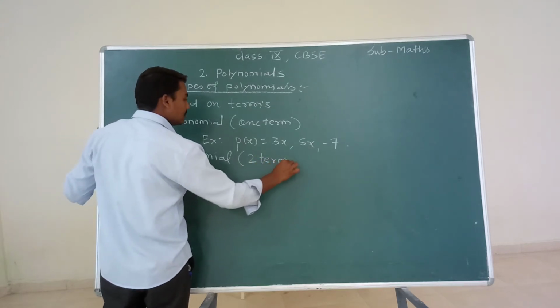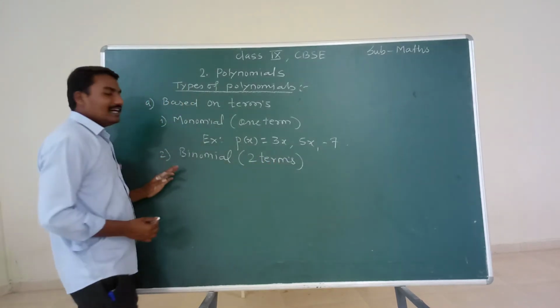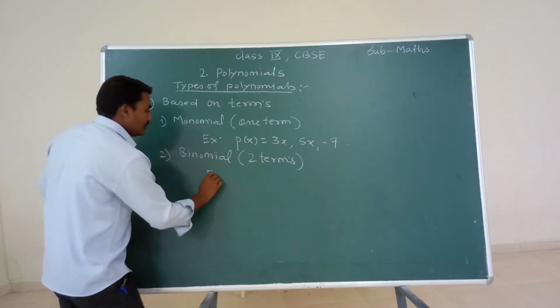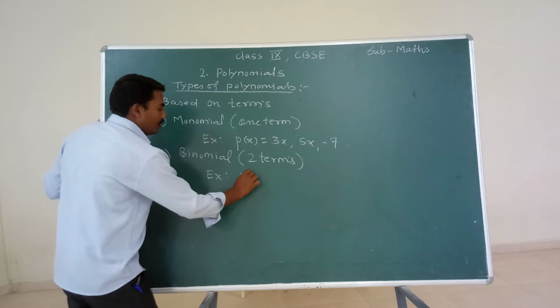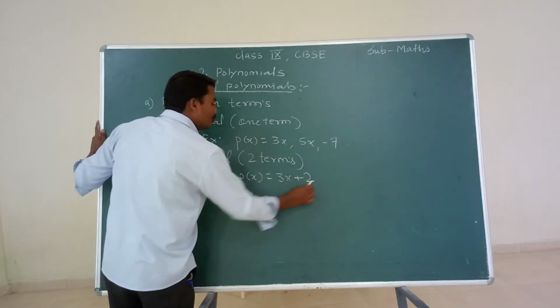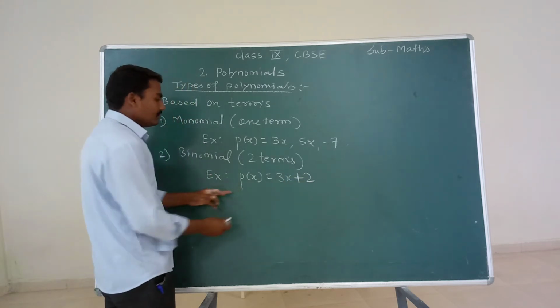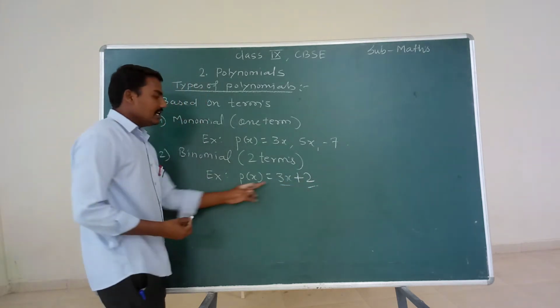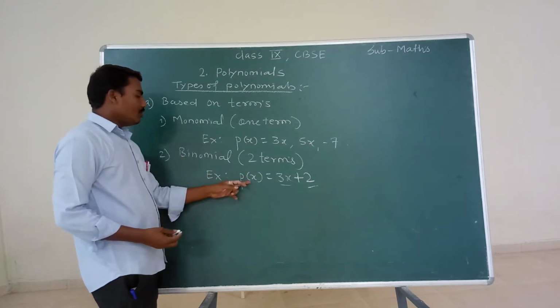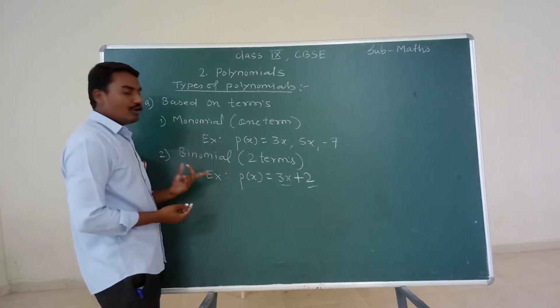Such polynomials containing two terms are known as binomial. Example, p of x which is equal to 3x plus 2. So it has two terms, 3x and 2. That's why this polynomial is called a binomial polynomial.